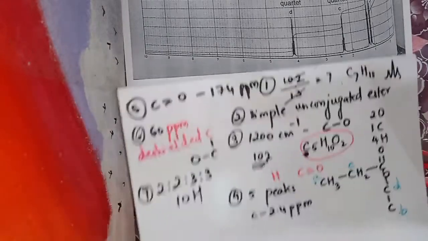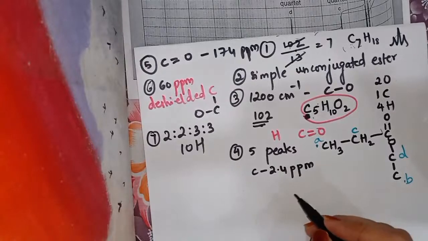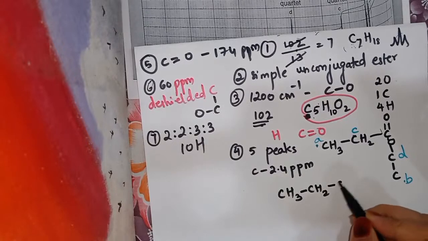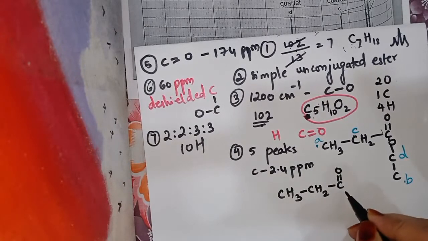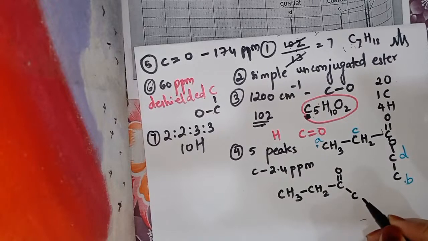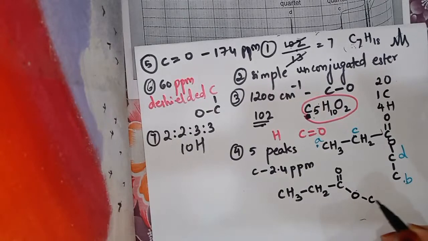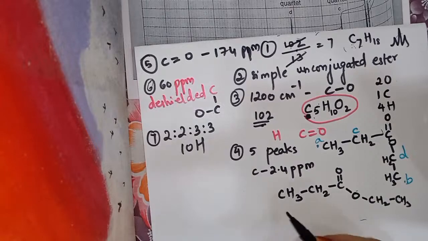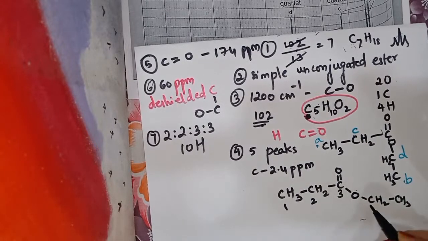Let us write it properly. It is CH3, CH2, C double bond O, O, CH2, CH3. I'm sorry, I didn't write it here. So this is the structural formula. That is 1, 2, 3, 4, 5. 5 means propane.